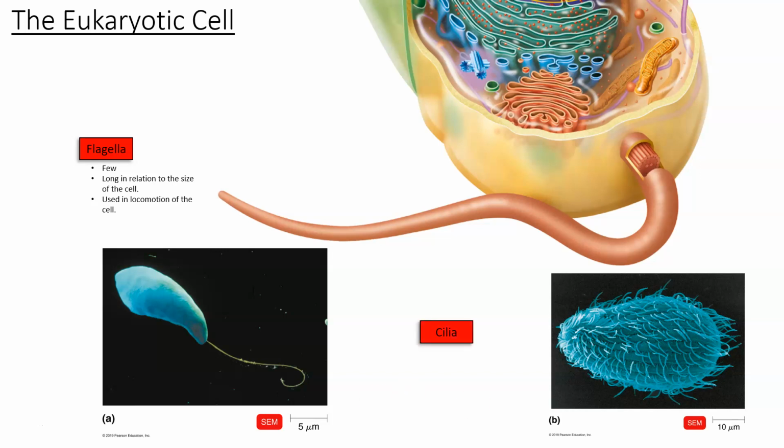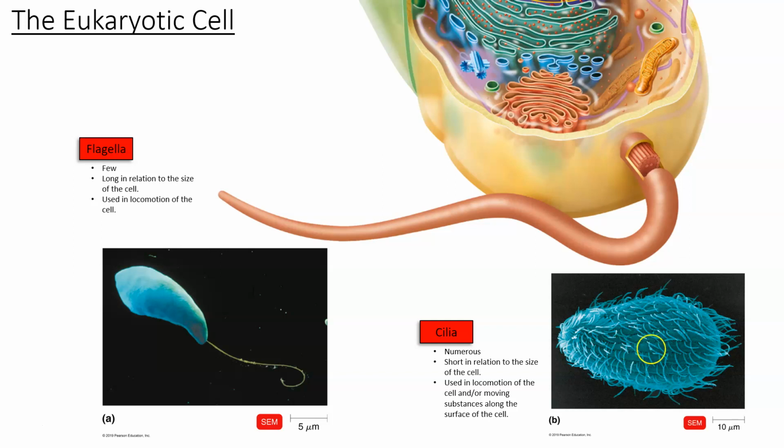Okay. Another structure that is outside of the membrane in eukaryotic cells is cilia. These smaller, numerous projections that cover the entire outside of a eukaryotic cell are used both in the movement of the cell, but more often, these small projections are actually used to move materials around the outside of the cell in order to bring them to certain areas of the cell.